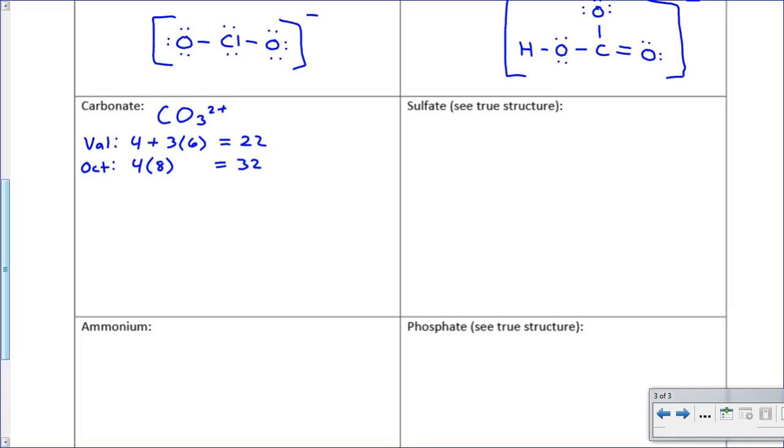To figure out how many bonds, we say 32 minus 22 plus the charge. In this case, it's -2 now. All right, over 2. And that gives us 4 bonds. So then we have carbon in the middle, 3 oxygens around it.